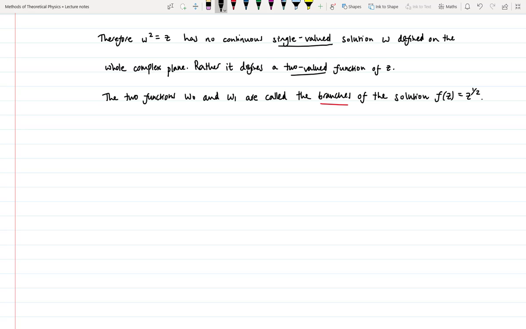These branches give rise to a discontinuity in the solution f of z is the square root of z. So how do we separate the two branches to stop crossing the discontinuity? We can make a branch cut along the line of discontinuity.